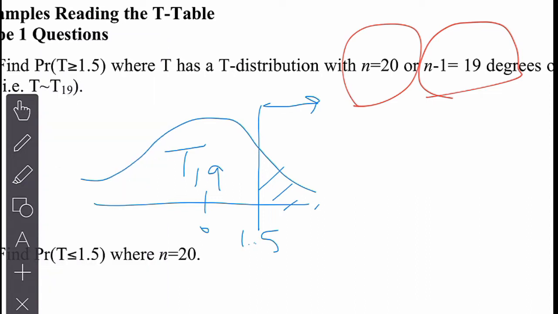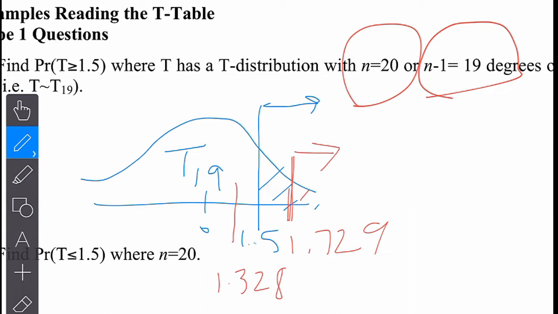So 1.328 is here, let's say. I know it's not exactly to scale, but there's 1.729, just to give you an idea. So this red area is 5%, and this is supposed to be 10%.